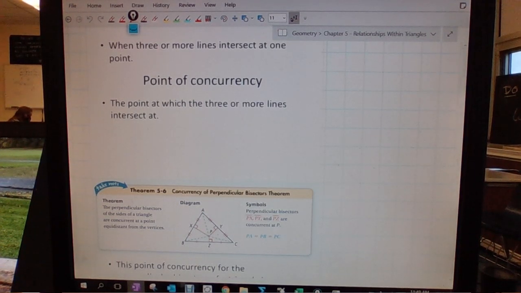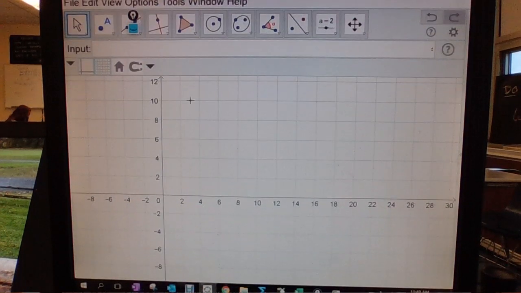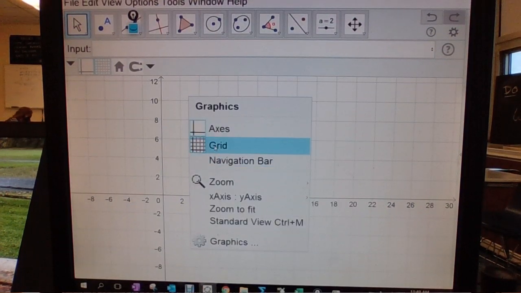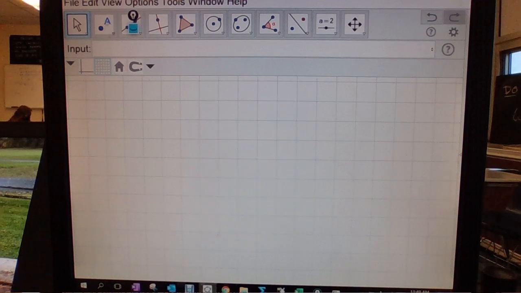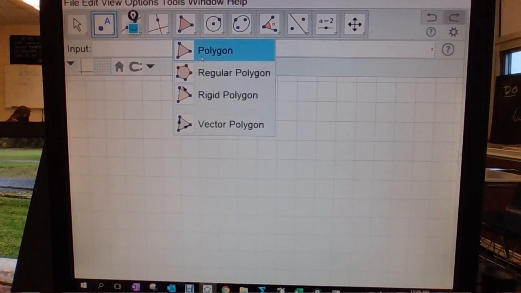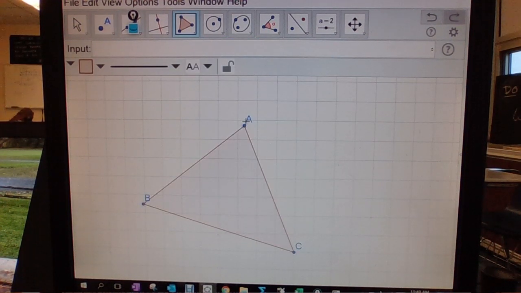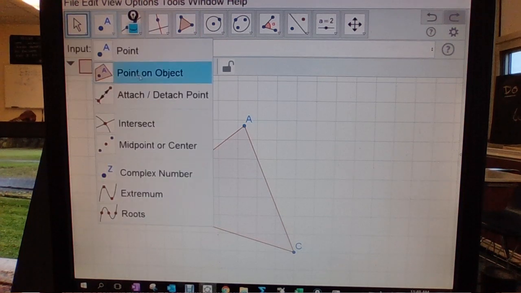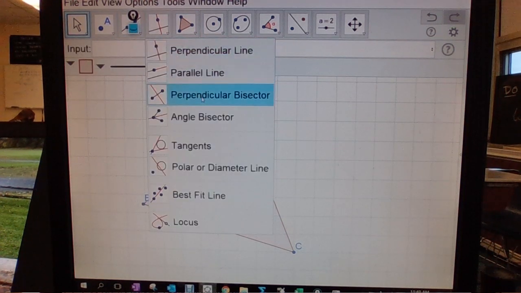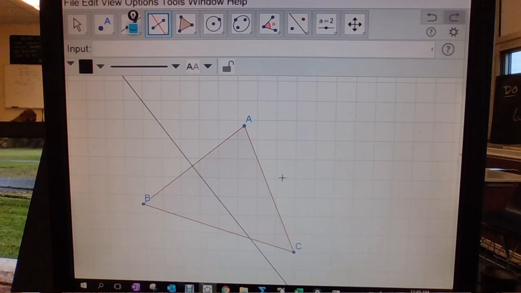Friday, we were talking about a point of concurrency for our perpendicular bisectors of a triangle. Now, we talked about all three perpendicular bisectors, but we really only need two. That's usually what we go by.